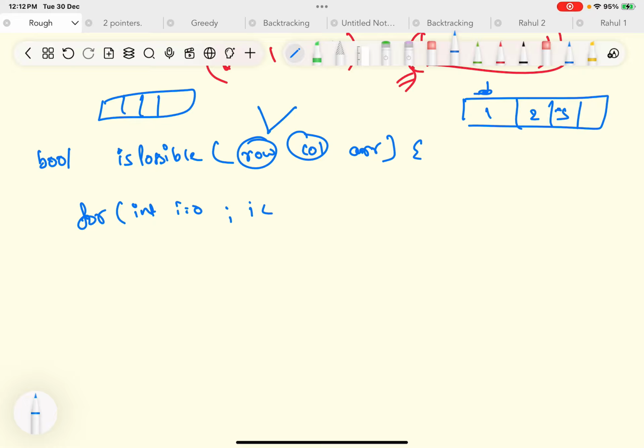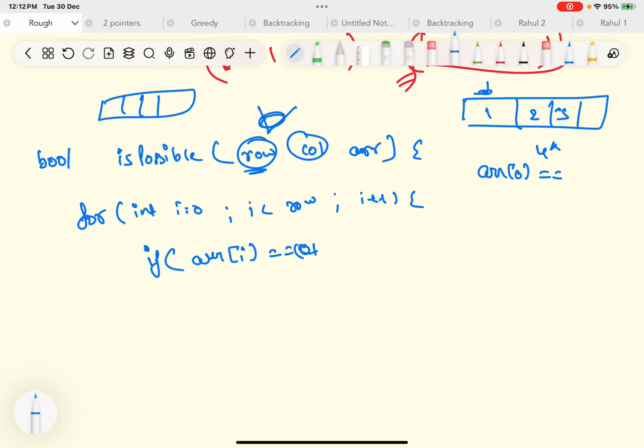So for i less than row and i plus plus, we have to go till this row number, like fourth row or fifth row. Now if array of i, like array of 0, is equal to row number or column number, row number.